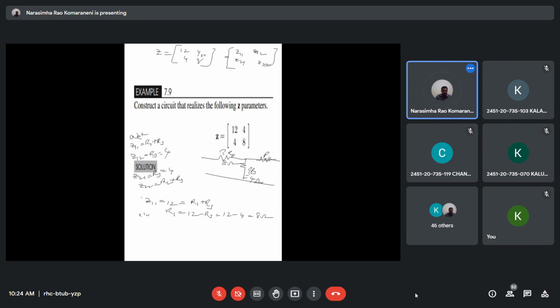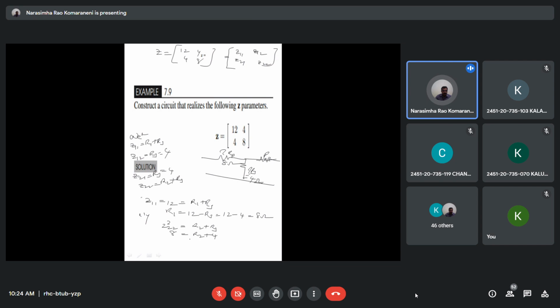Similarly, Z22 is also known. Z22 value is given as 8. Okay, so Z22 equal to R2 plus R3. 8 equal to R2 plus R3.